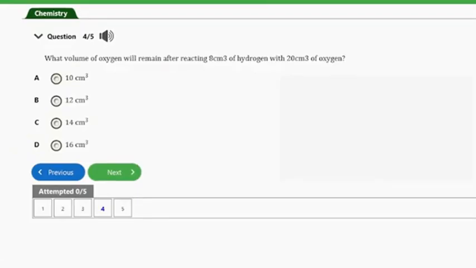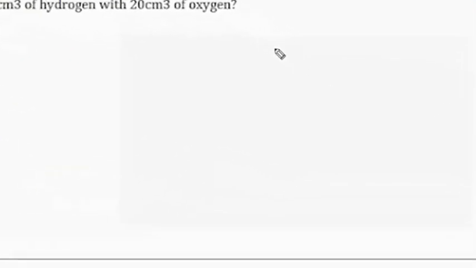So guys, the next question here is question number 4. It says, what volume of oxygen will remain after reacting 8 cm cube of hydrogen with 20 cm cube of oxygen? So guys, the reaction between hydrogen and oxygen can be represented. So let's zoom in to our workspace here.